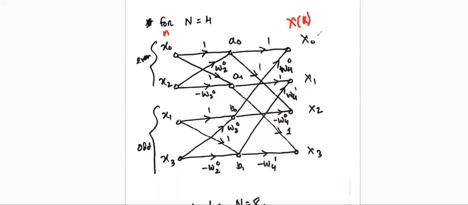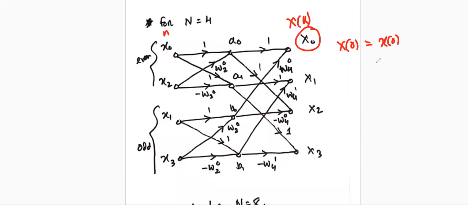Okay, so if you just look at how to calculate this X0, I can write this straightforwardly by this example. Capital X0 is equal to x0, because it is actually multiplied by 1 and 1. Okay, then what do we need there?